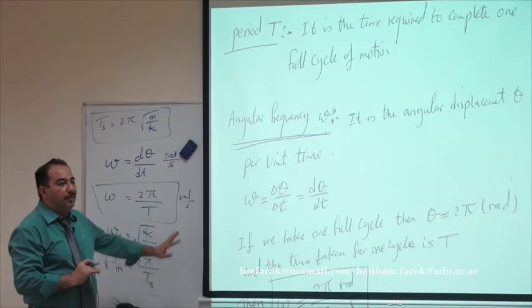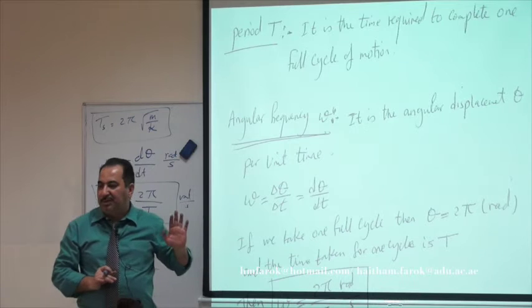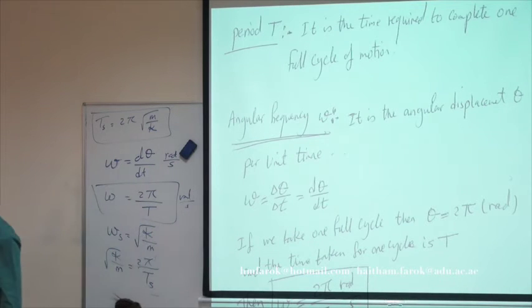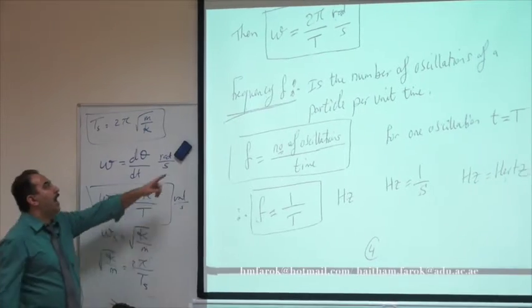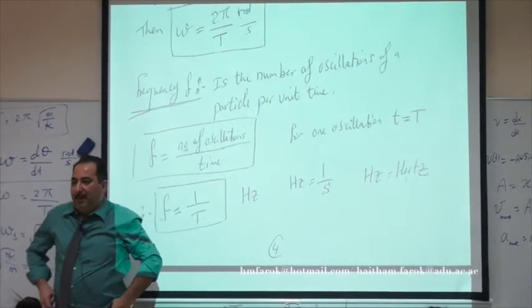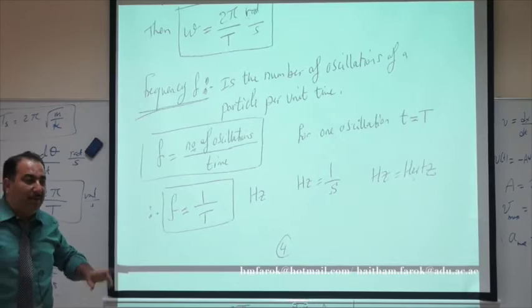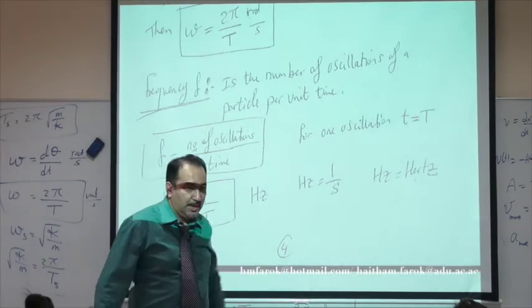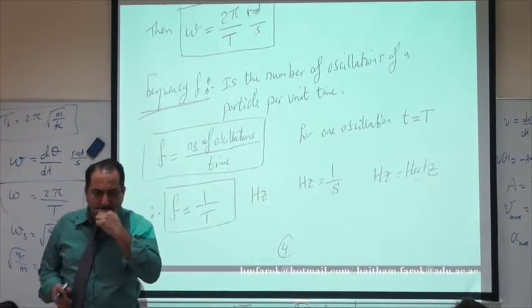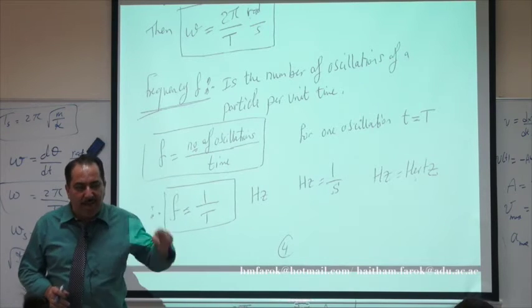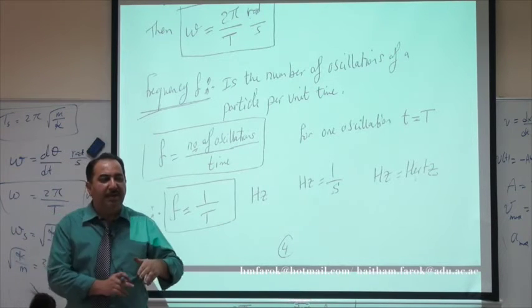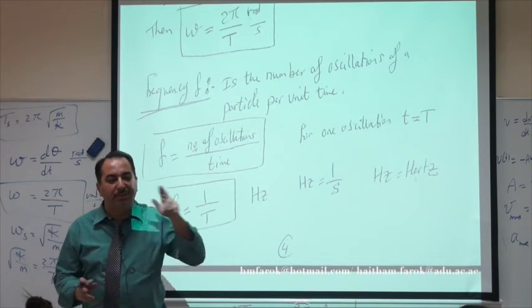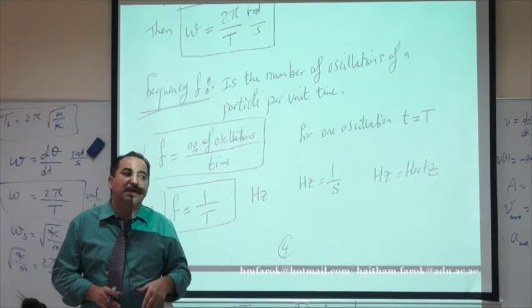Now, we finished the angular frequency definitions. What is left? One more definition. Frequency, F. We talked about frequency before, but not in this term of oscillation, in circular motion. When you have an object rotating, it does revolutions, yeah? Let's say an object does 5 revolutions every 20 seconds.